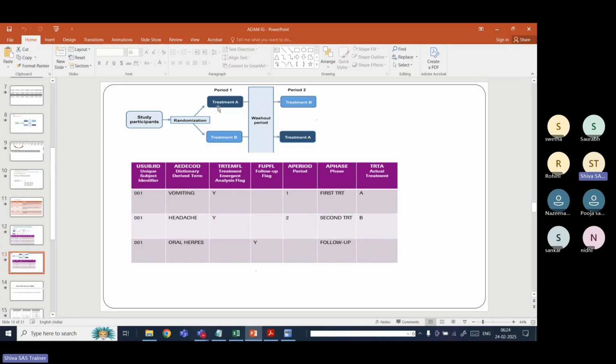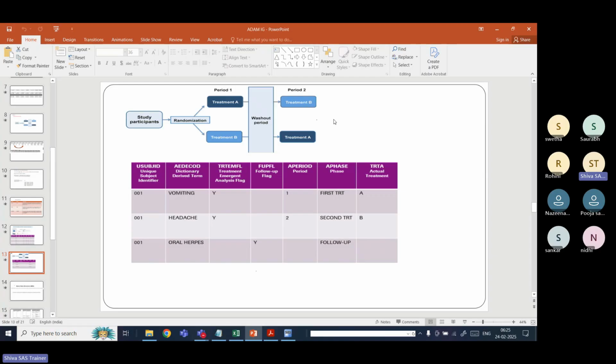In the first period the subject is taking drug A, right? So A. The same subject had a headache in the second period. So due to which treatment was the headache happening? Treatment B. In the case of parallel, irrespective of the adverse event, the treatment is allotted because the subject is taking only one drug. In crossover, at the start date, you check when the headache was happening. That comes under either period 1 or period 2.